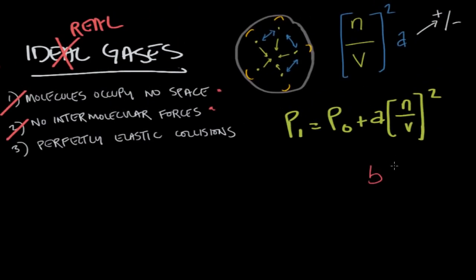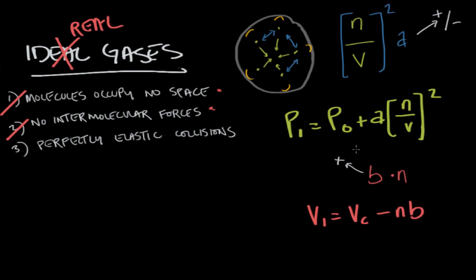We consider the size of the molecules, and we also factor in how many particles there are, which is our moles, or N. So we multiply the moles by our bigness coefficient. The ideal volume is the volume of the container minus the space occupied by the particles, which would be N times B.